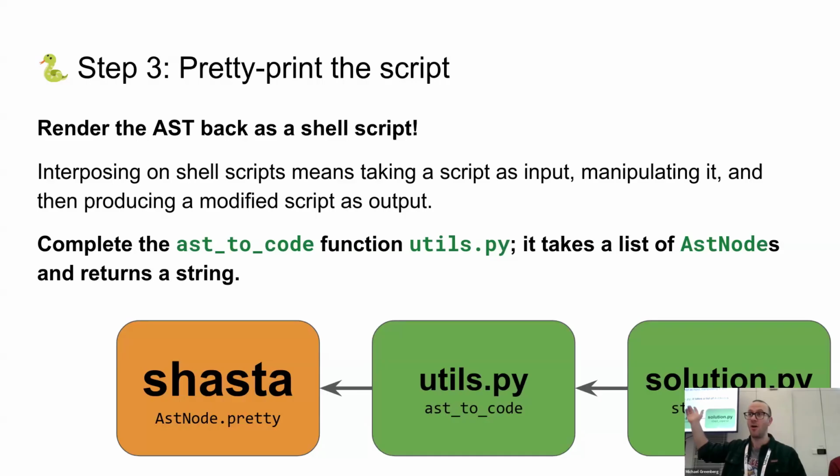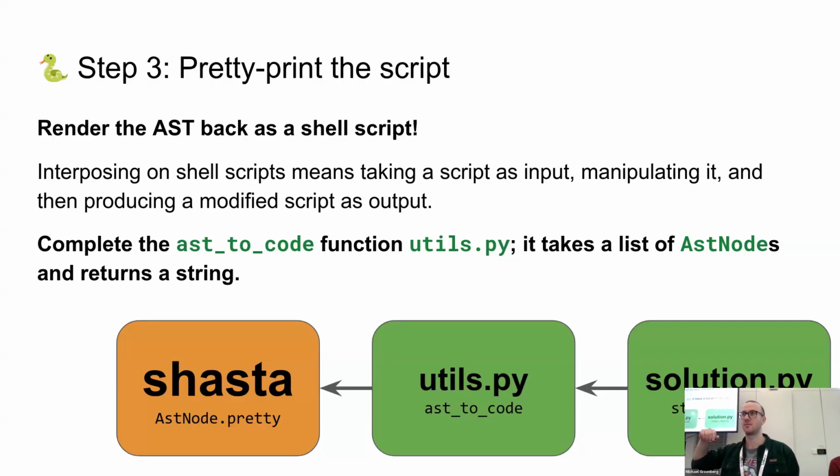Okay, so now I think one of you already started on this. Let's finish the AST to code function in utils.py. It takes a list of AST nodes or an iterable or whatever and returns a string. What we want out of that is the script pretty printed, which means for each node, call the pretty method from AST node, and then join all that together with a new line between each one.